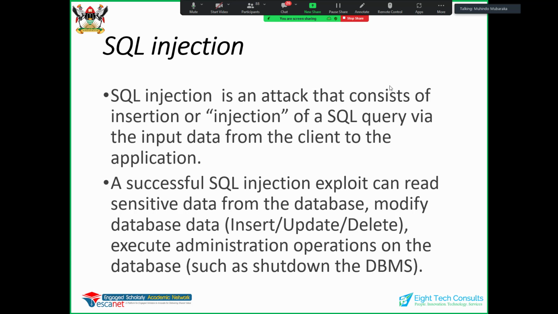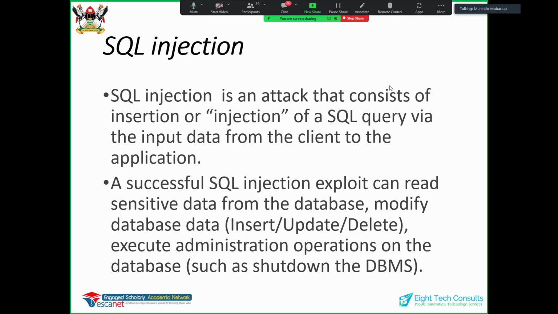Now look at this sentence that has come: a successful SQL injection exploit can read sensitive data from the database, and even modify the data. When you say modify, it means insert, update, delete, and execute administration operations on the database, such as shutting down the DBMS, or the database management system.